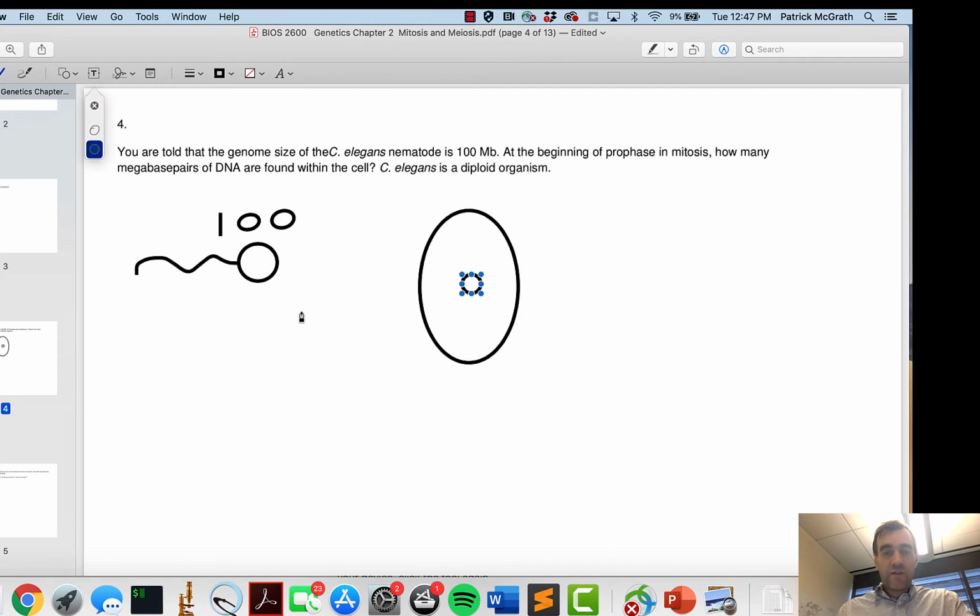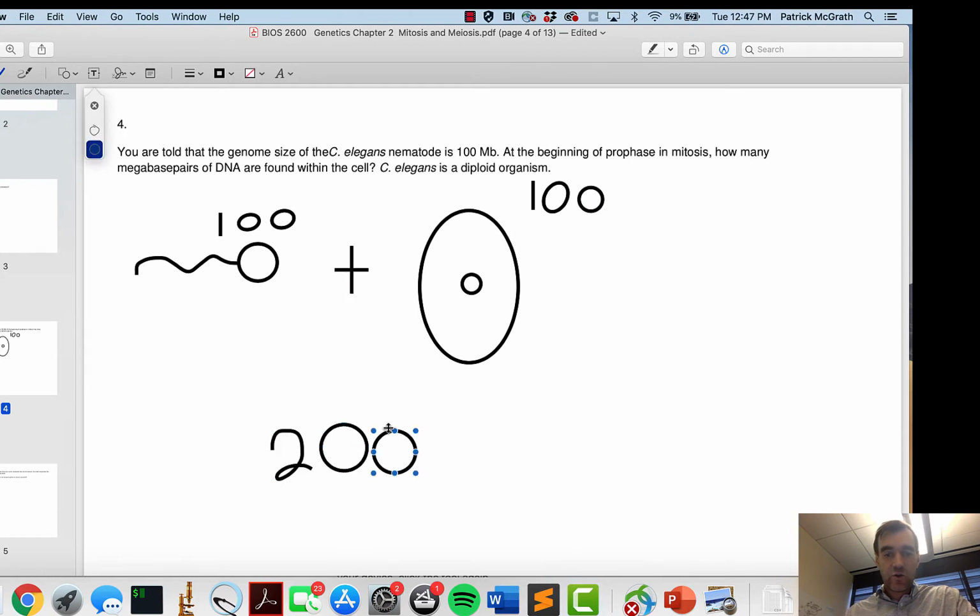In order to create a fertilized cell, the sperm has to find the oocyte, and so the oocyte also has 100 megabases because it has its own set of copies of each chromosome. And so when you combine these together, you end up with a fertilized cell that has 200 megabases of DNA.